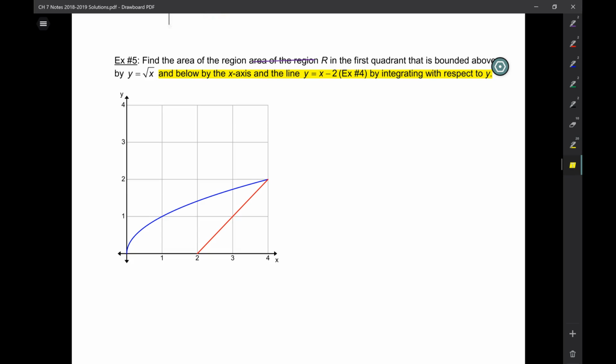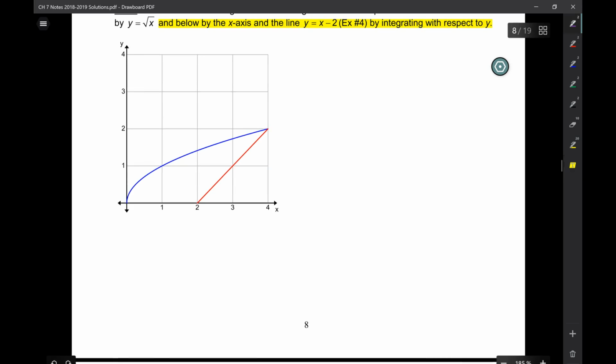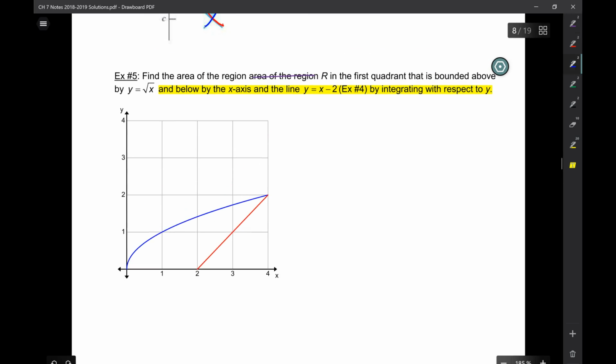Now, here's why it's a beautiful thing. If it's with respect to y, all your functions must look like x equals something in y. So if this is y equals root x, how can I solve that for x? X equals y squared.